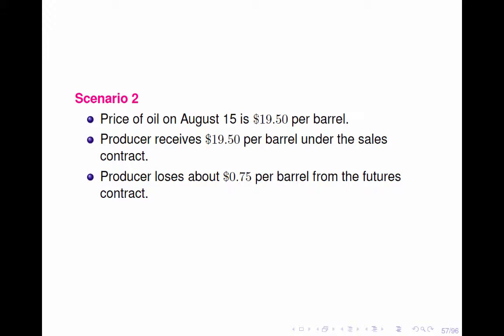However, he would lose about $0.75 per barrel from the futures contract. Therefore, his overall gain is 19.5 minus 0.75, that is $18.75 per barrel. From the two scenarios, we can see that the oil producer has successfully locked in a selling price of $18.75 per barrel through this short hedge.